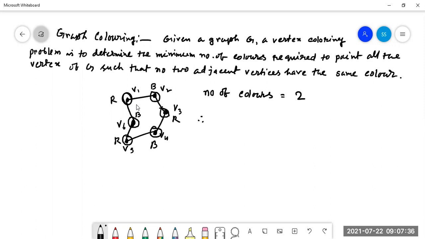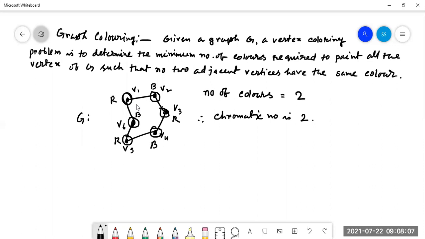So the chromatic number of this graph is 2. Chromatic number means the minimum number of colors required to color all the vertices such that no two adjacent vertices are in the same color. That is called the chromatic number. So for this graph G, the chromatic number is 2.